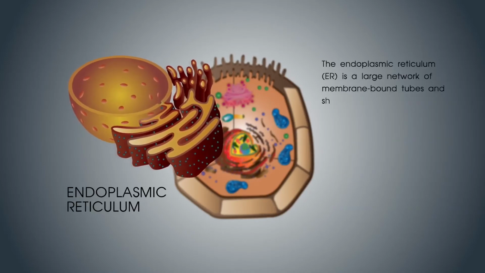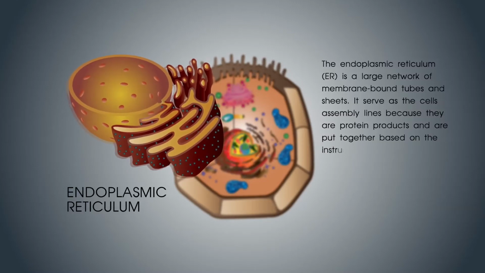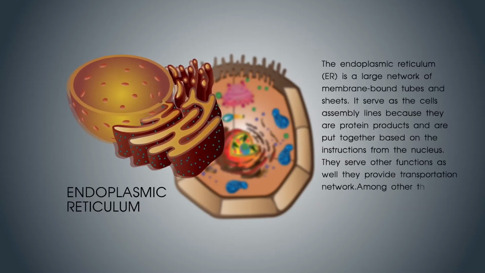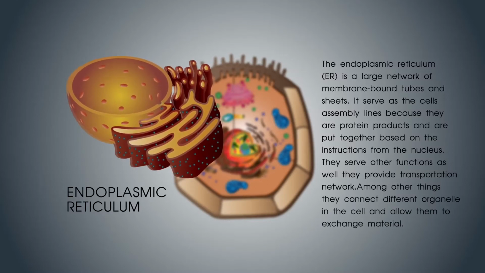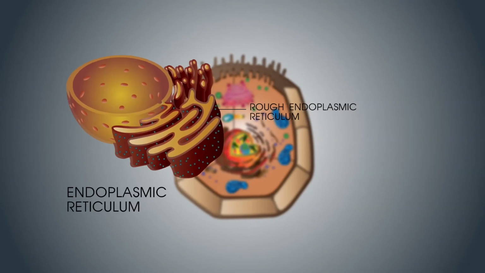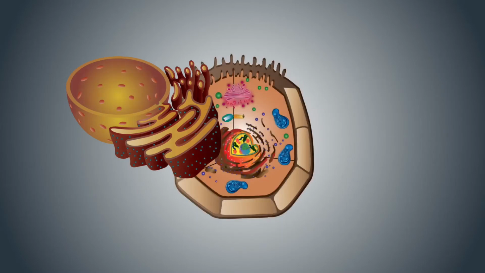It serves as the cell's assembly line because protein products are put together based on the instructions from the nucleus. They serve other functions as well. They provide a transportation network. Among other things, they connect different organelles in the cell and allow them to exchange material. Endoplasmic reticulum is of two types: rough endoplasmic reticulum and smooth endoplasmic reticulum.